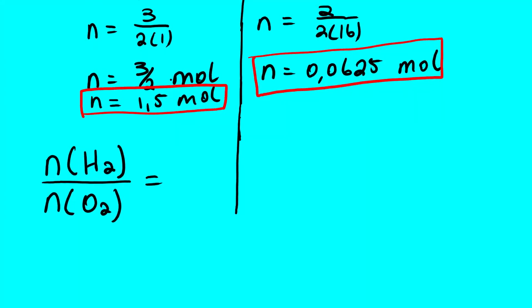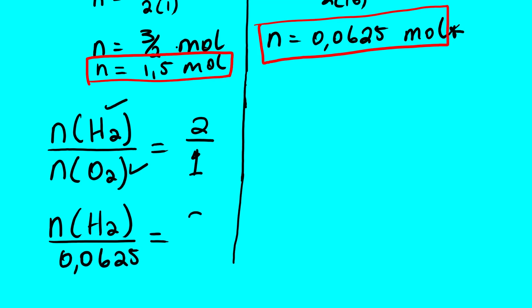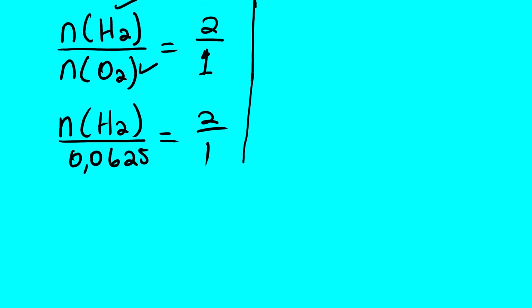On the right hand side, we put those coefficients: 2 over 1. On the left, n of hydrogen over the number of moles we calculated initially. So you substitute the number of moles of the other substance, equals 2 over 1. And then from here, we can solve for this.